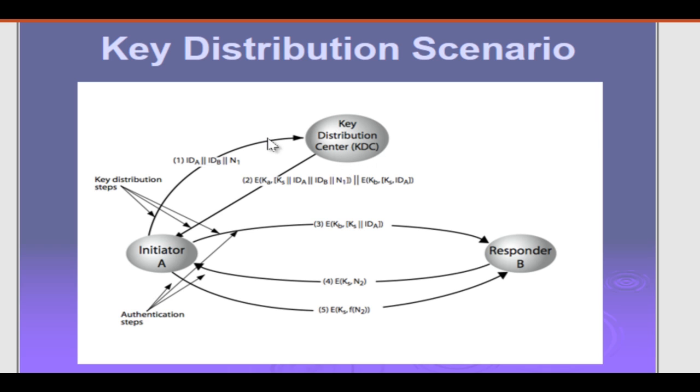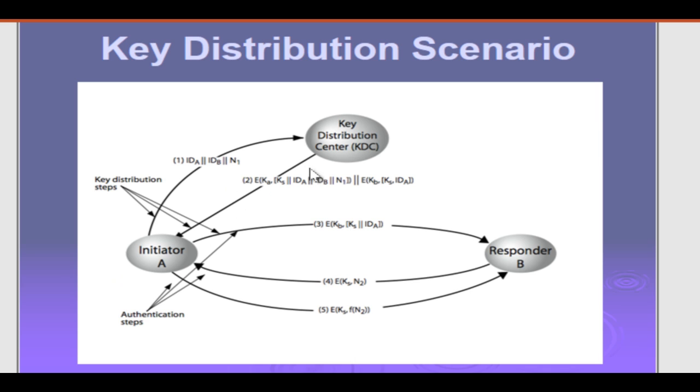In reply, the KDC encrypts the whole message to sender A with KA. Here KA means the master key of A, which is shared only between A and the KDC. He encrypts with KA so that no other person in the network can decrypt this message.